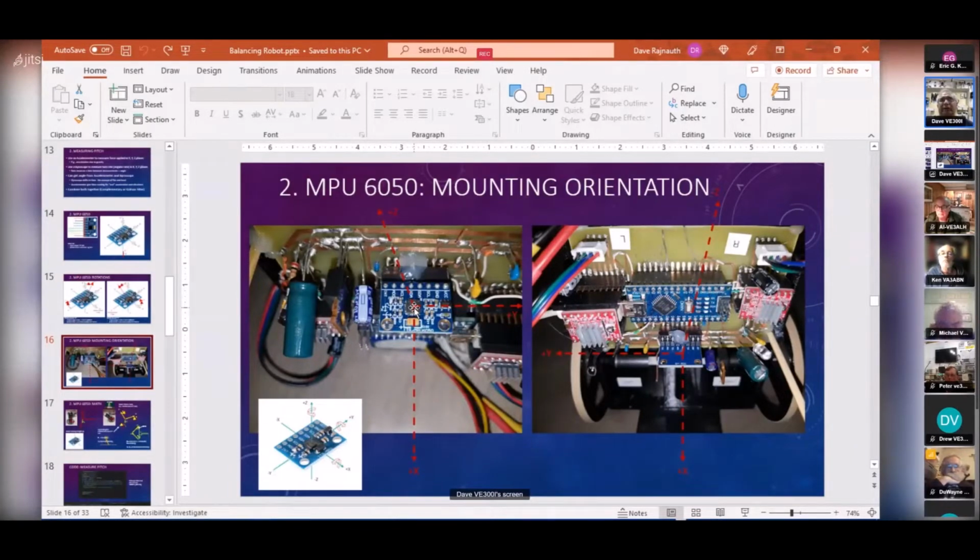This is the robot looking down, and you can see this is mounted upside down. So the minus Z axis is coming up, the plus Y axis is here, and the plus X axis is coming out of the page. That caused me a little bit of grief to figure out.